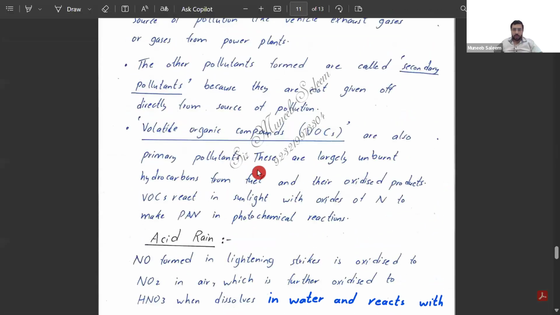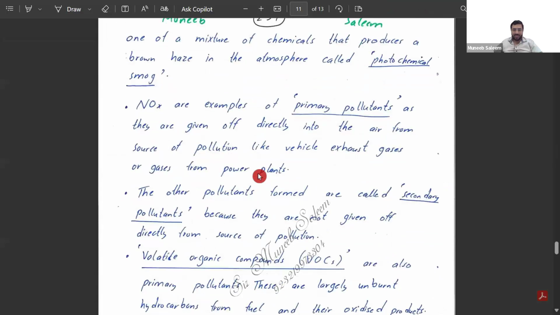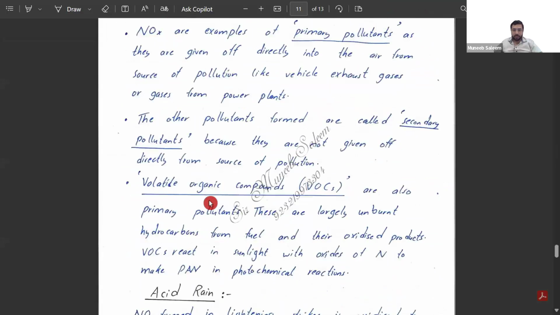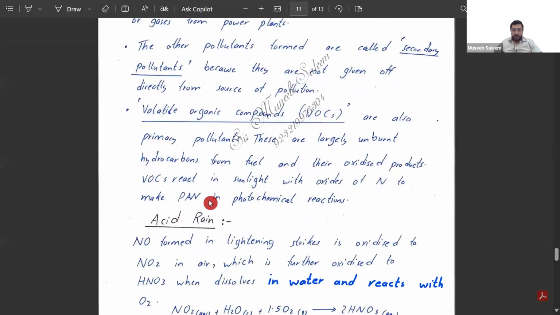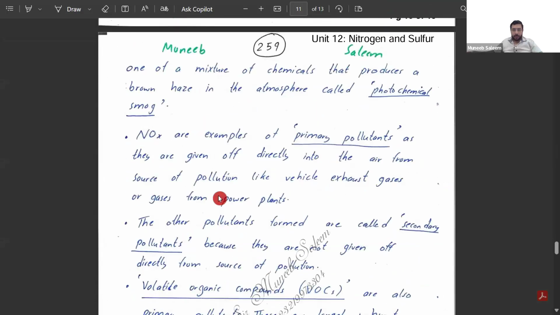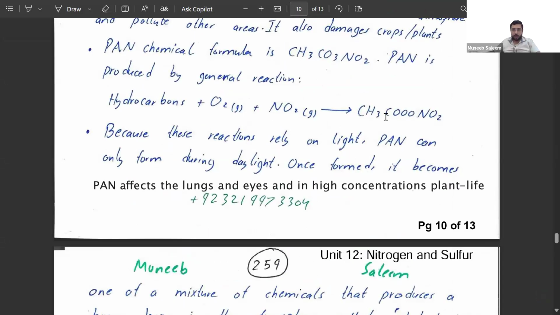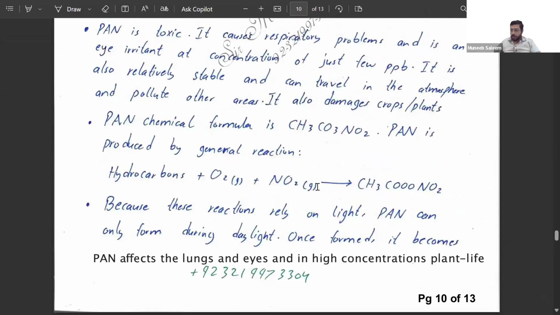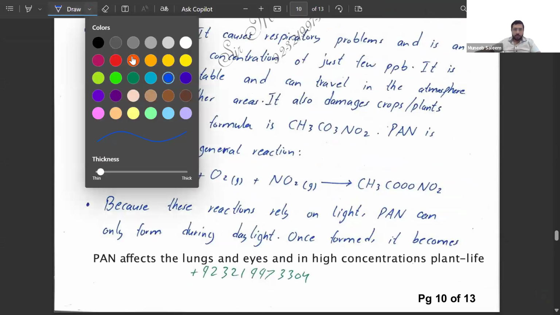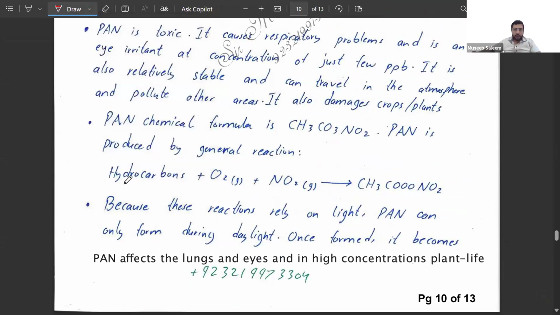All right, so here in my notes, you can see the formation of the PAN. PAN is mentioned here as CH3COO2NO2. This is formed by the reaction of the hydrocarbons.